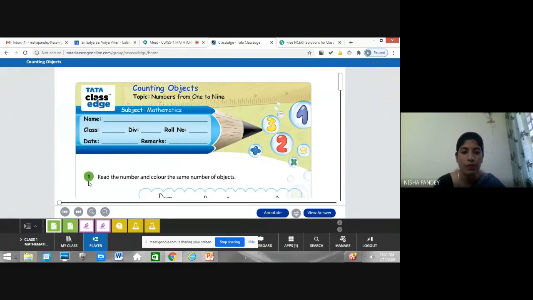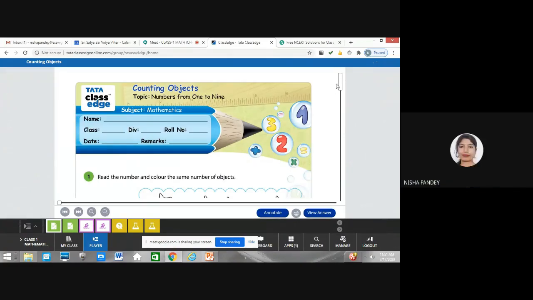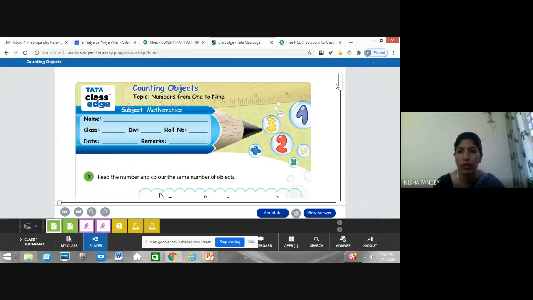Okay, so it has a worksheet here, right? Let's see the questions. One minute, my cursor is a little stuck.